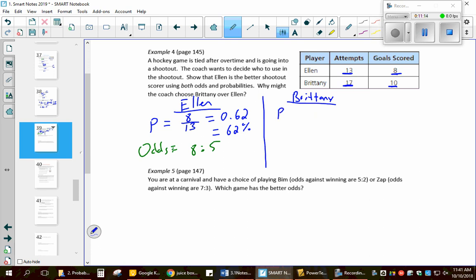The probability for Brittany is going to be 10 over 17, which is 0.59 or 59%. So we can see, right? This one is better than this one. Her odds are going to be 10 to 7.